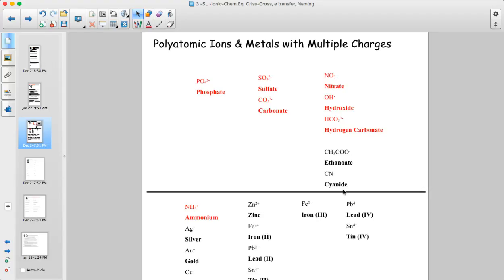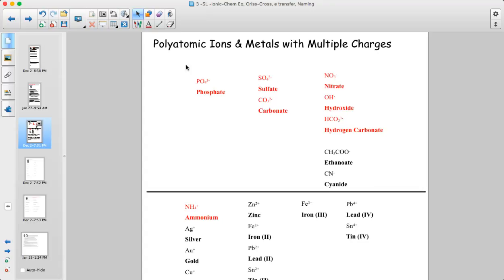So they're pretty straightforward. You don't have to use prefixes like di, tri, tetra, because the naming system assumes that you can balance the charges. Now, the only thing to add to that, which does make it a bit trickier but the concept is exactly the same, are polyatomic ions, as well as metals with multiple charges.